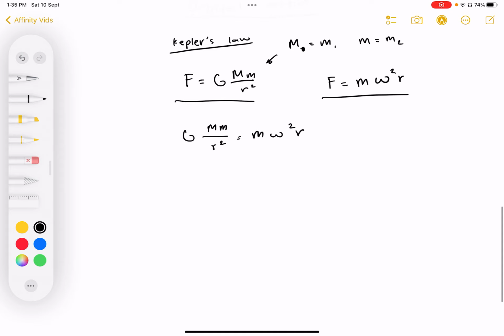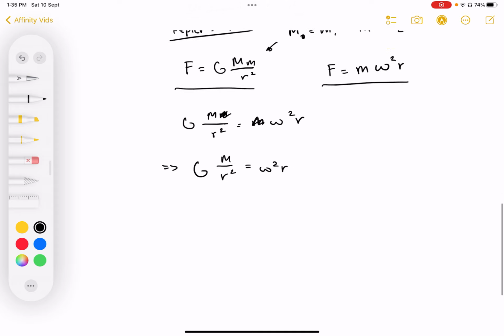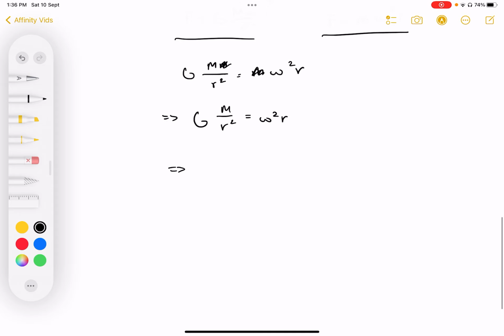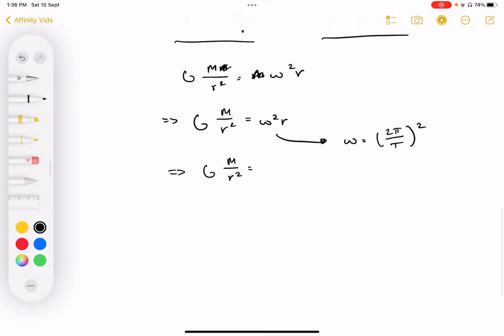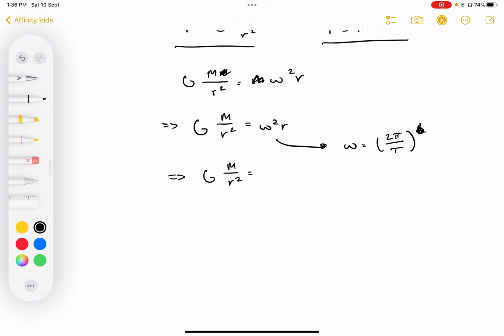It's quite methodical, actually. Let's first start off by equating the two. We can cancel out two of our masses right now. And if you can recall from simple harmonic motion, our omega is also written like this, 2 pi over T, squared when we substitute it in.